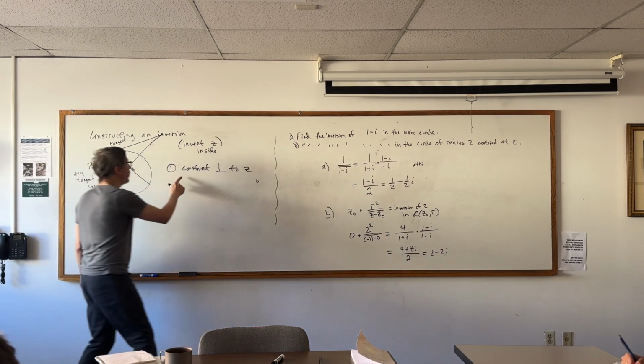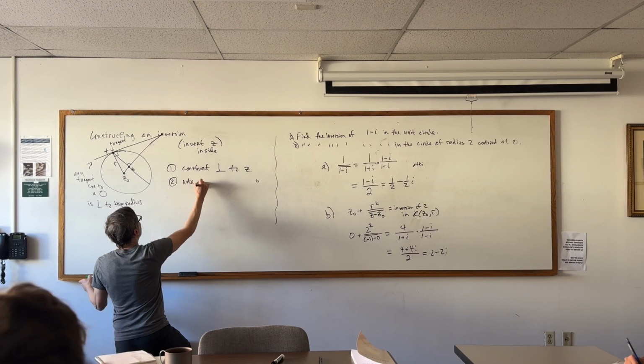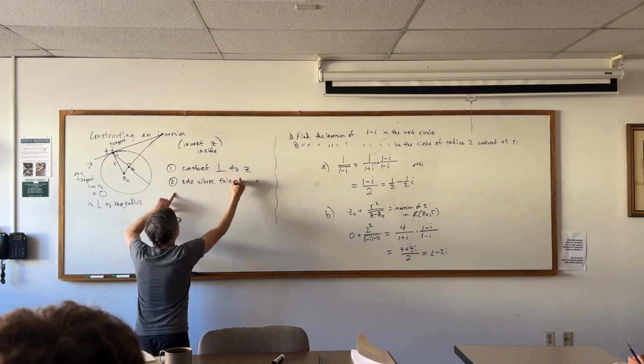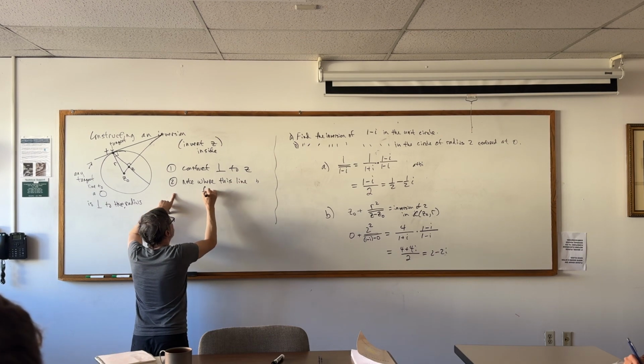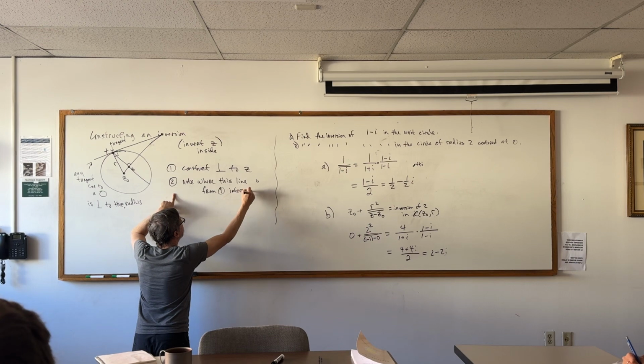So construct the perpendicular to Z to note where this line intersects the circle.